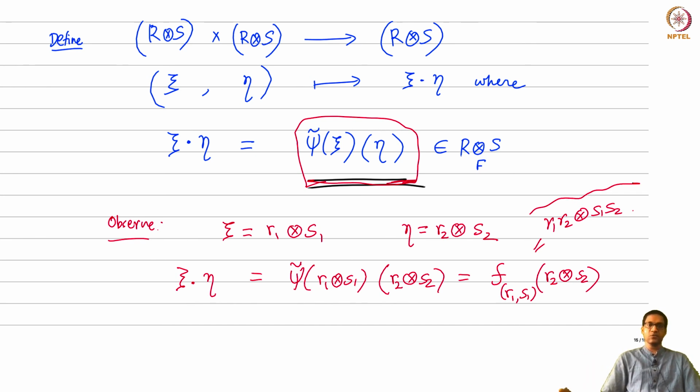That's why we defined the map like that in the first place. This is the amount of work it took just to define the multiplication.